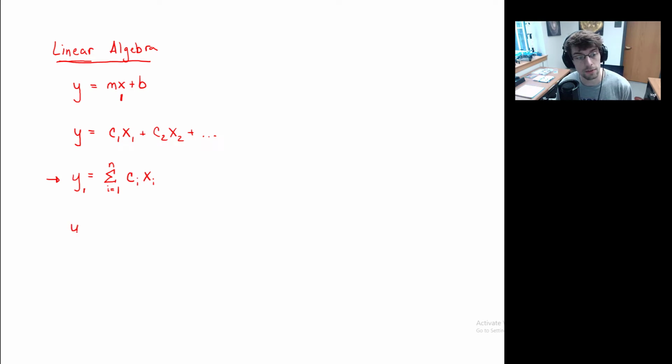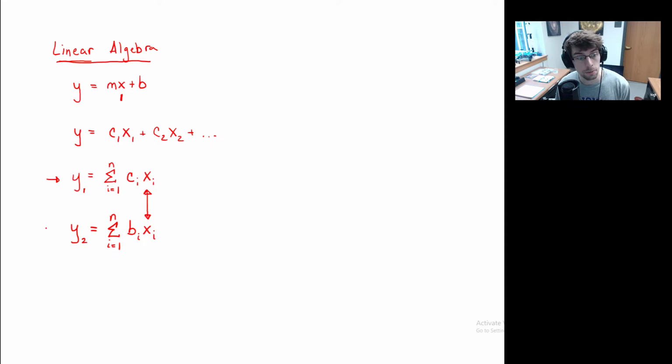So I have a second dependent variable, which I'll call y2, and it can also be written as the summation from i equals 1 to n of some different constant. Instead of c, I'll do the reverse alphabet and call it b_i, times our independent variables. I'll leave these x's the same, right? These are our independent variables, so those x's will stay the same.